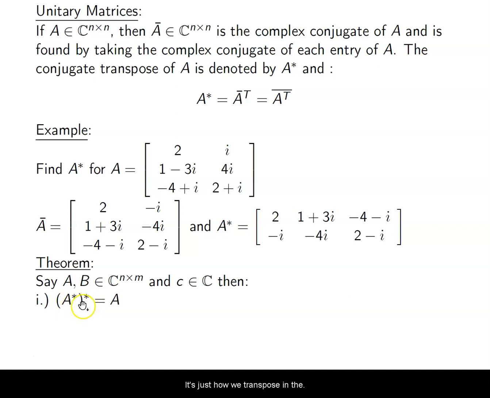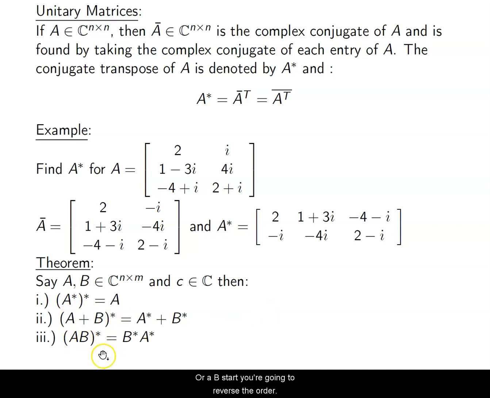It's just how we transpose in complex vector spaces. A plus B star is A star plus B star, so the star distributes across matrices for addition. For A B star, you reverse the order and star each independent matrix or vector, so A B star will be B star A star.